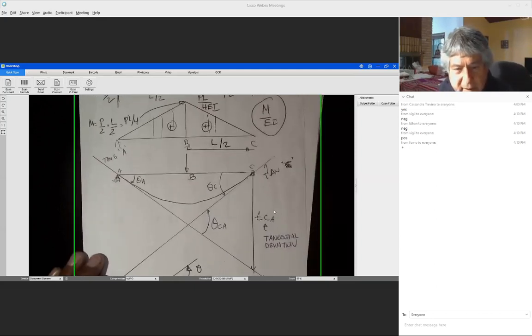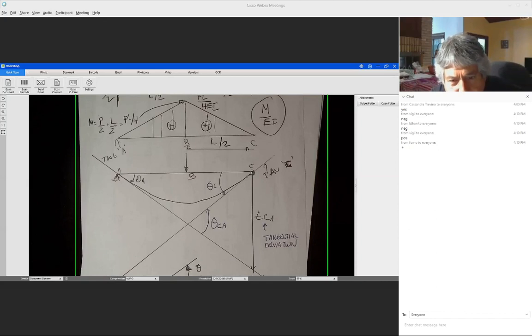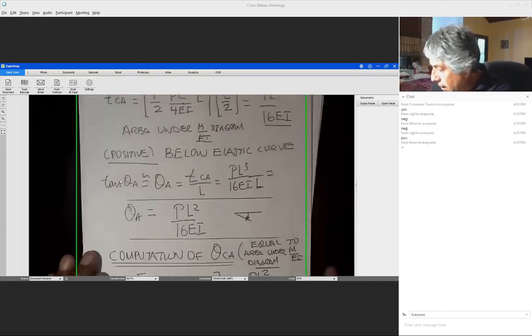That gives me TCA. I'm going to divide TCA by this length, which gives me the tangent of this angle. Since that angle is very small, the tangent and the angle are the same.